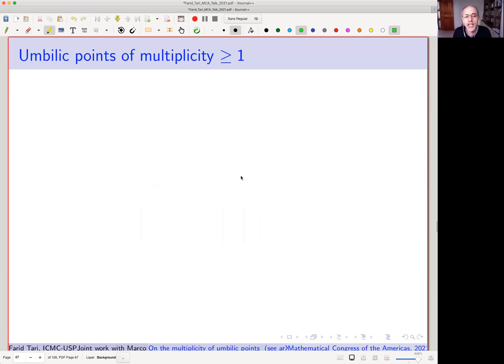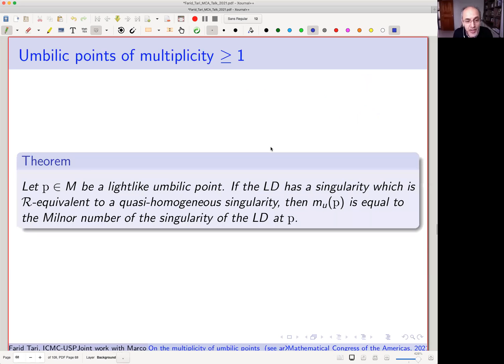How about umbilics of multiplicity greater than 1? We relate the umbilic points of multiplicity greater than 1 to the singularities. You remember when the multiplicity of P is 1, we related it to the discriminant having an A1 singularity, or the LD having an A1 singularity when it's light-like. So what happens when the multiplicity is greater than 1?